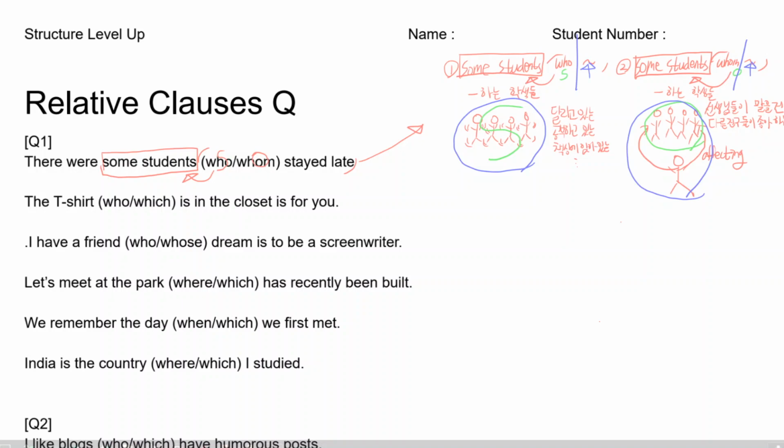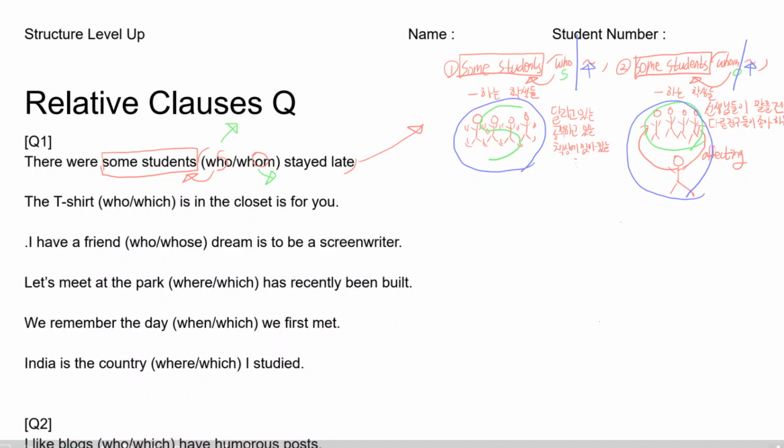Okay, let's get back to the question here. So we didn't even see this blah blah blah part, right? We only saw who and whom, and we guessed which way it might go, right?